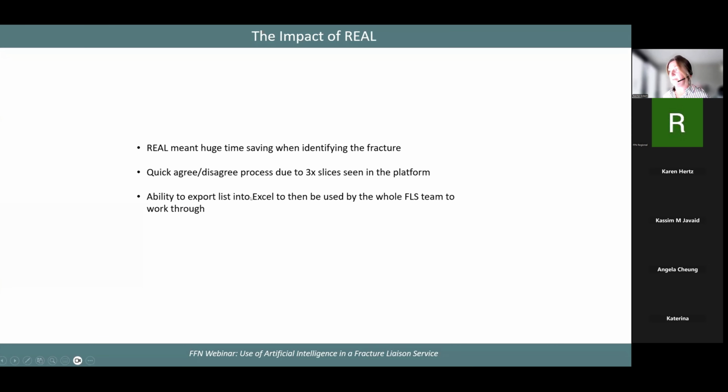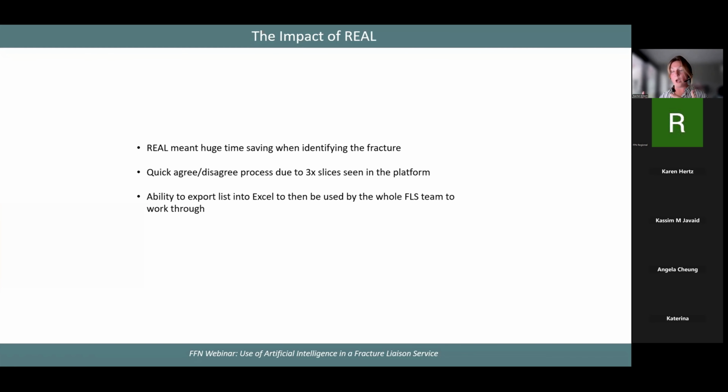So it meant, as I said, a huge time saving aspect for the FLS when we were identifying these fractures, a quick agree and disagree process that we could then record really easily within that platform. And then at the end of that, we can choose a time frame to export an Excel that just contains those positive vertebral fracture patients.